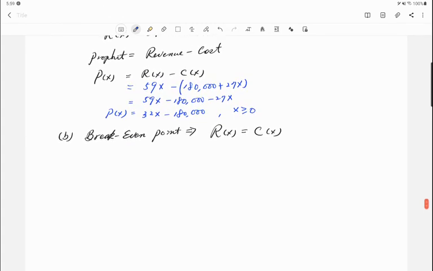All right, and then how about the break-even point? Break-even point is when there's no profit, no loss, no gain, right? So the revenue and the cost will be the same.